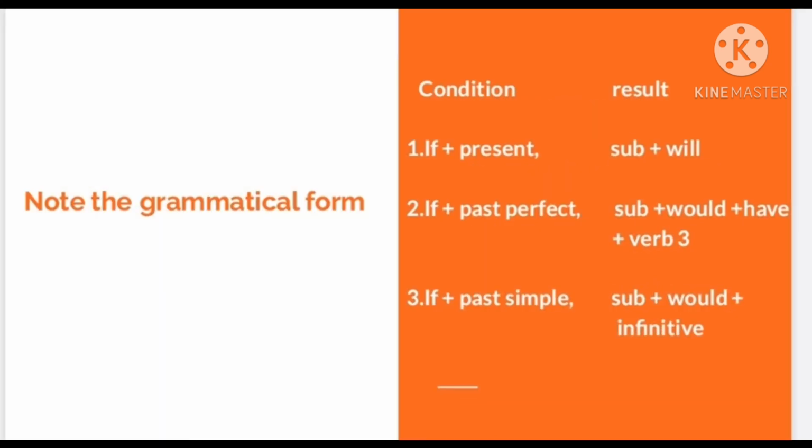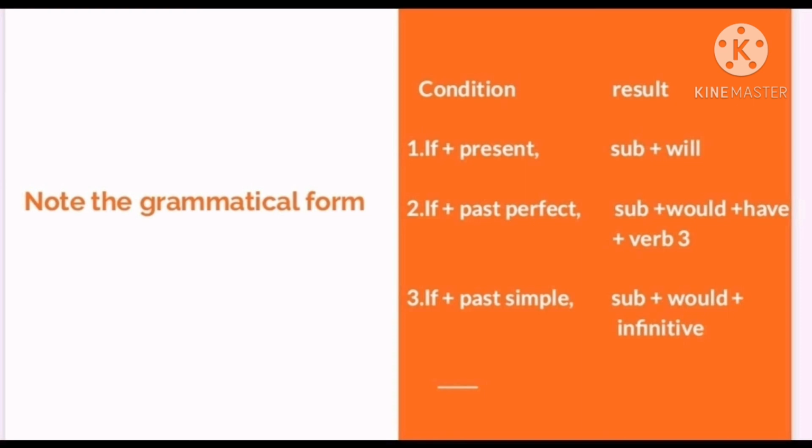Now note down the grammatical forms to make it easier. In a sentence, if you have if plus present form of tense in the condition, in the result you will have subject plus will. Getting into the second rule, if you have if plus past perfect tense in the condition, you will have subject plus would plus have plus verb third form in the result.